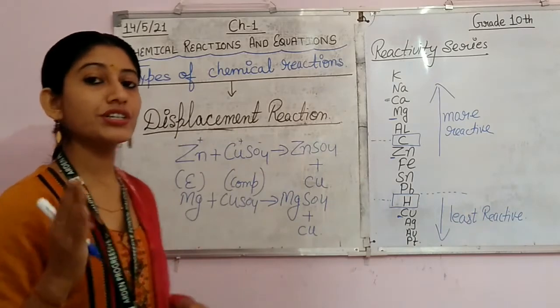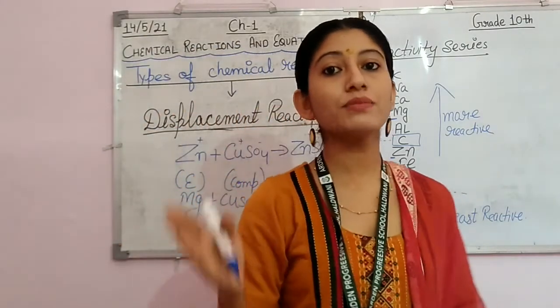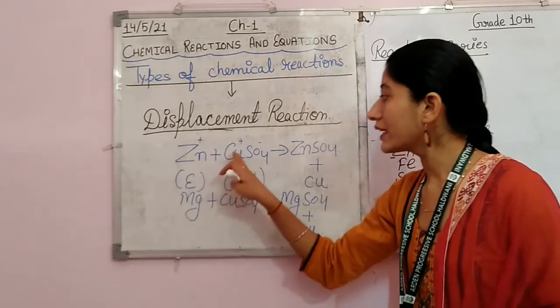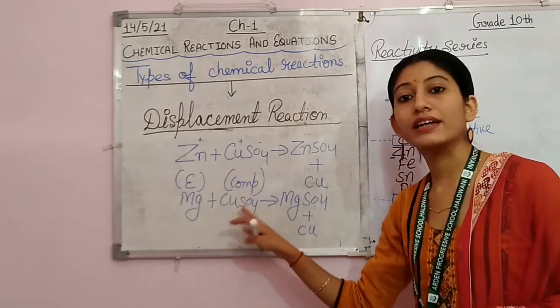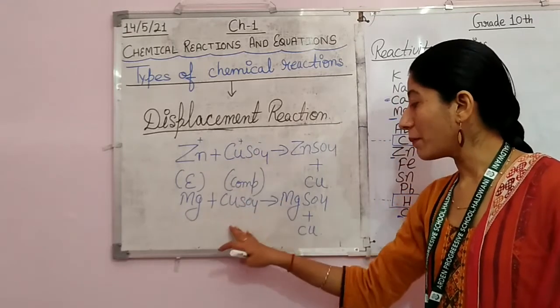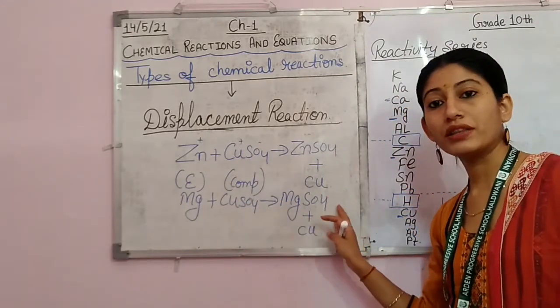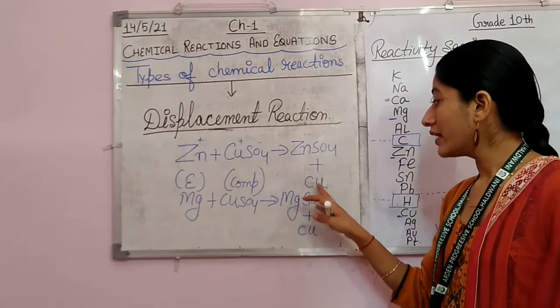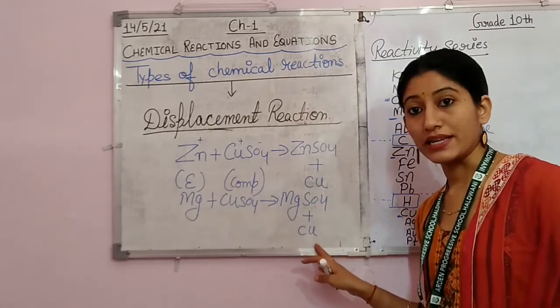Such types of reactions are called displacement reactions, where the more reactive element can displace the less reactive metal from the compound and forms a compound with another one, and the less reactive metal gets displaced.